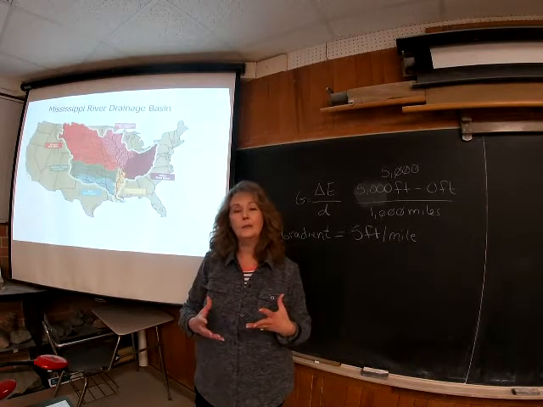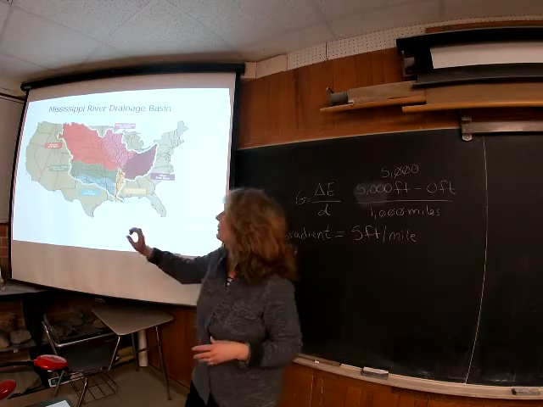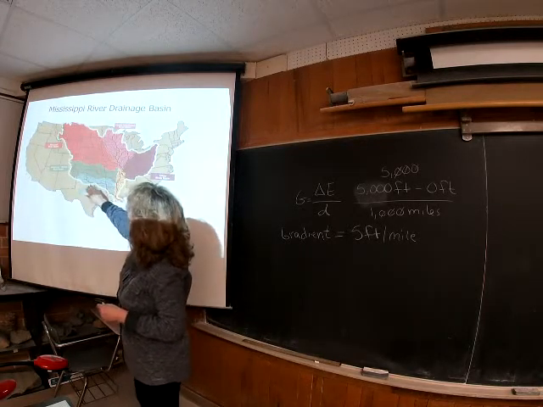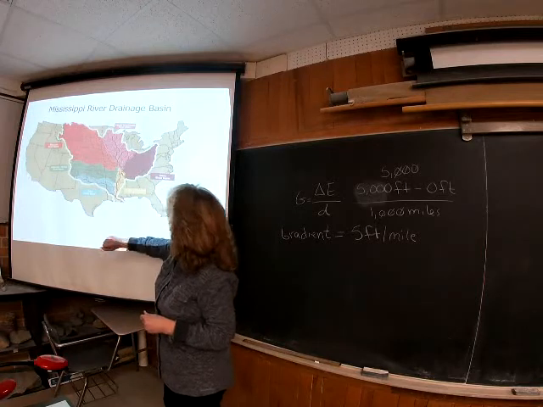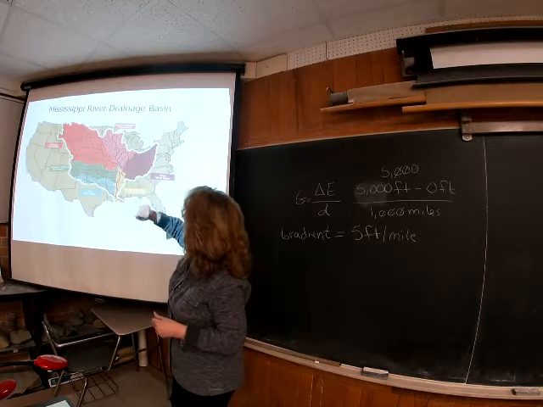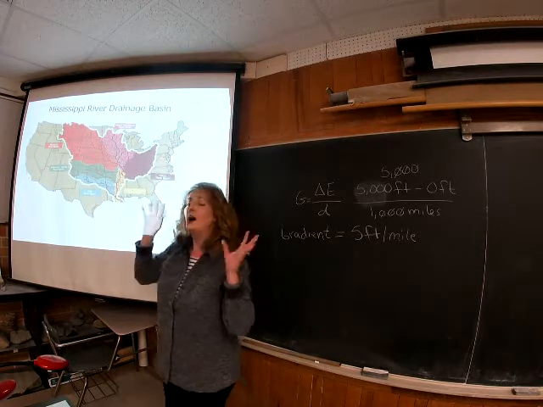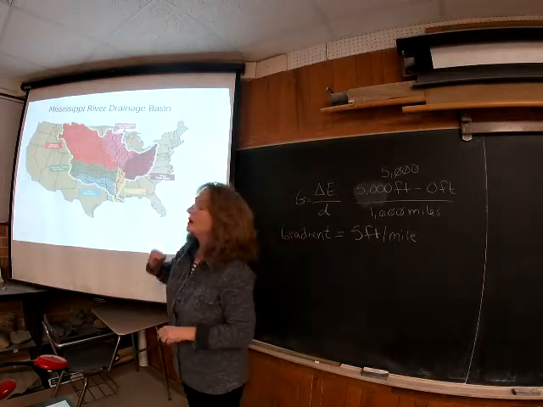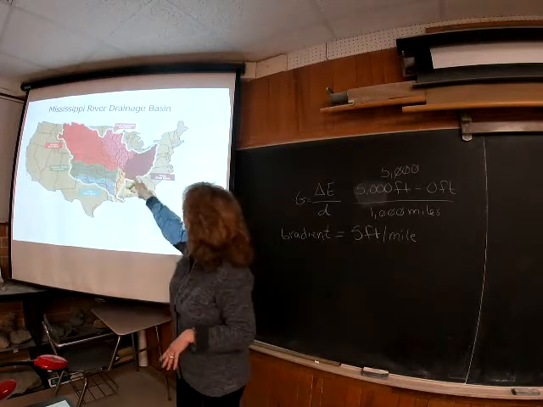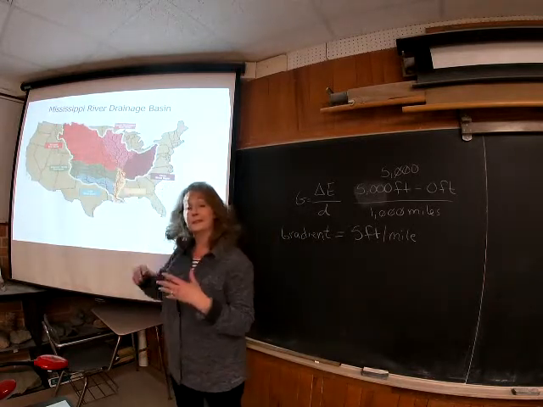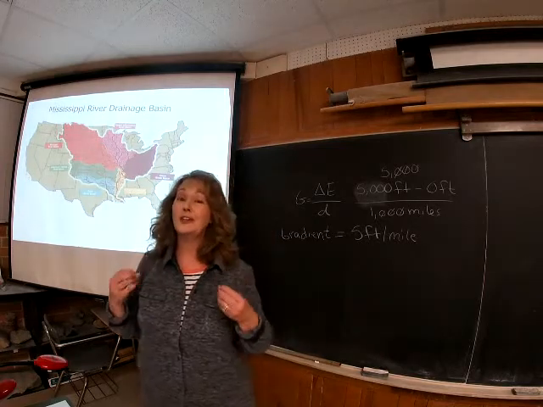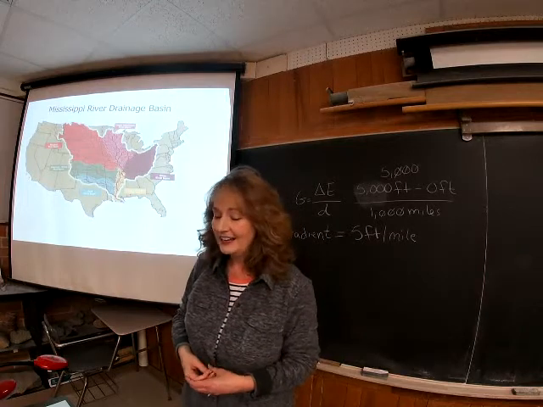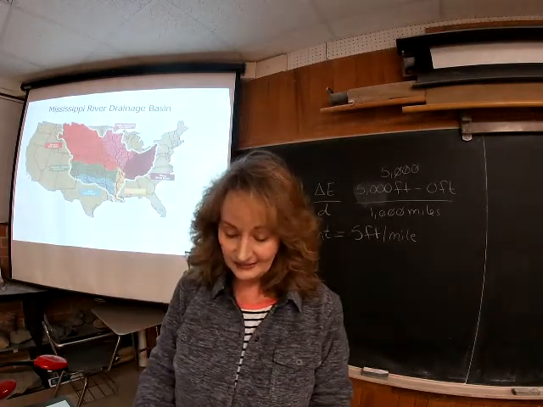So you have several rivers: Missouri Red River Basin, the Arkansas White River Basin, Lower Mississippi River Basin, Ohio. All of those feed into the very large Mississippi River drainage basin. They all go into the Mississippi River. So this is huge. This is a major drainage basin here in the United States, right?